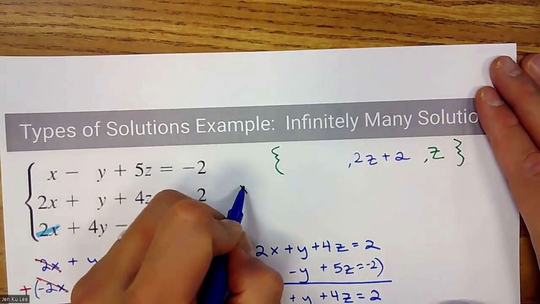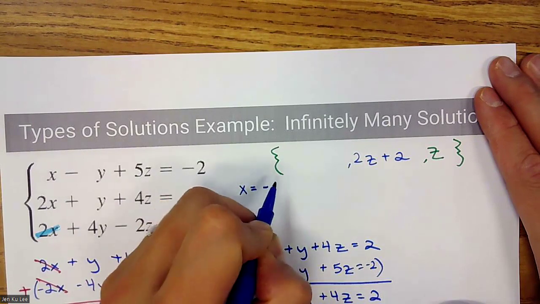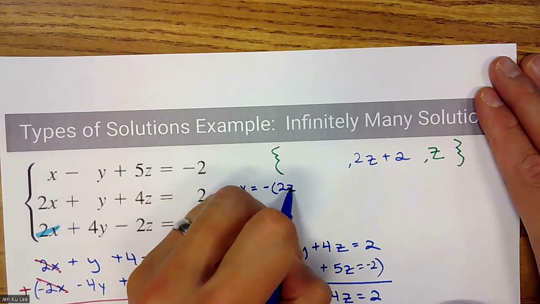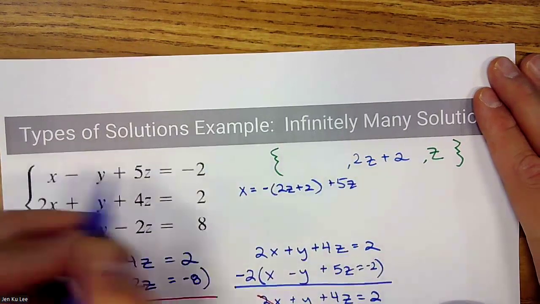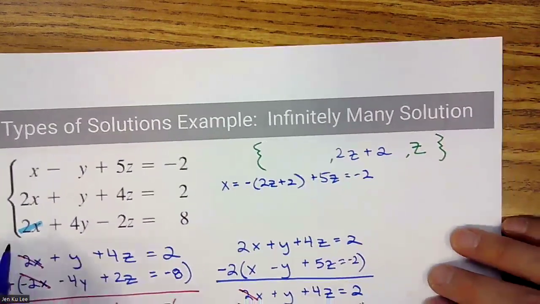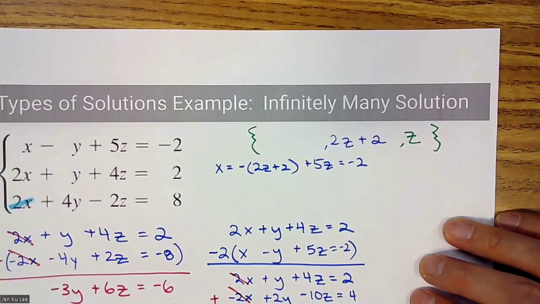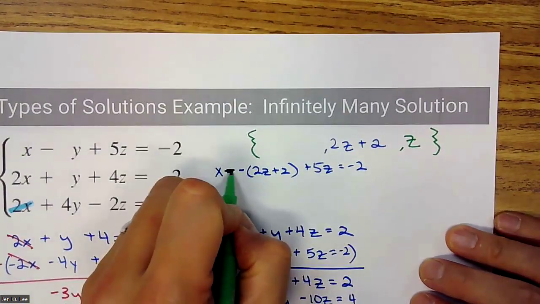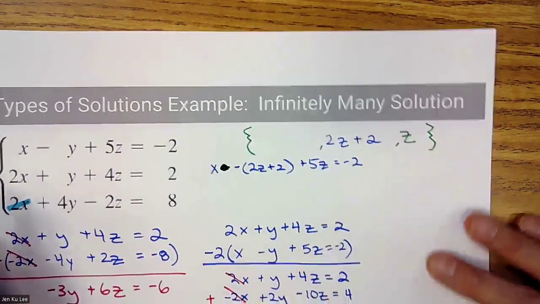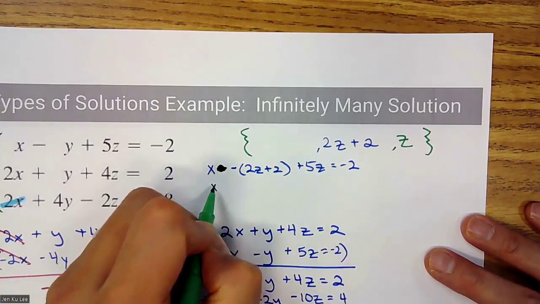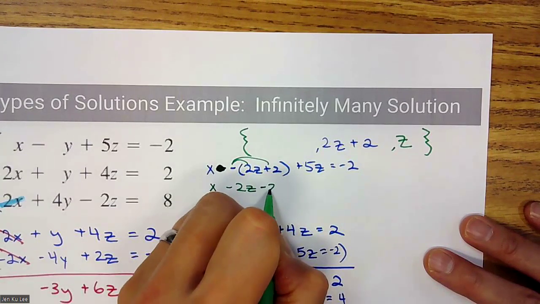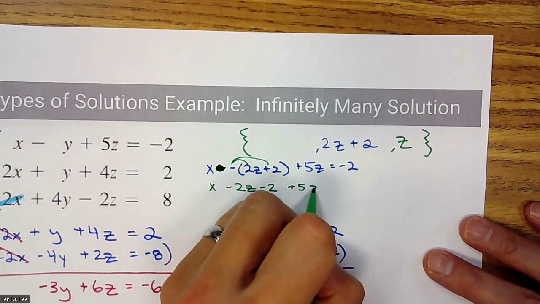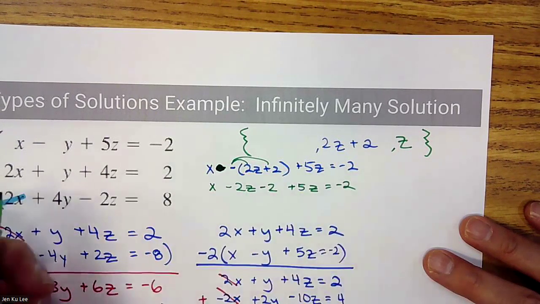So x equals negative y, so negative 2z plus 2 plus 5z equals negative 2. And then just solve for x, or x minus, huh? That's nothing. That's a mistake. So I have x minus 2z, distributing out this negative, minus 2 plus 5z equals negative 2.